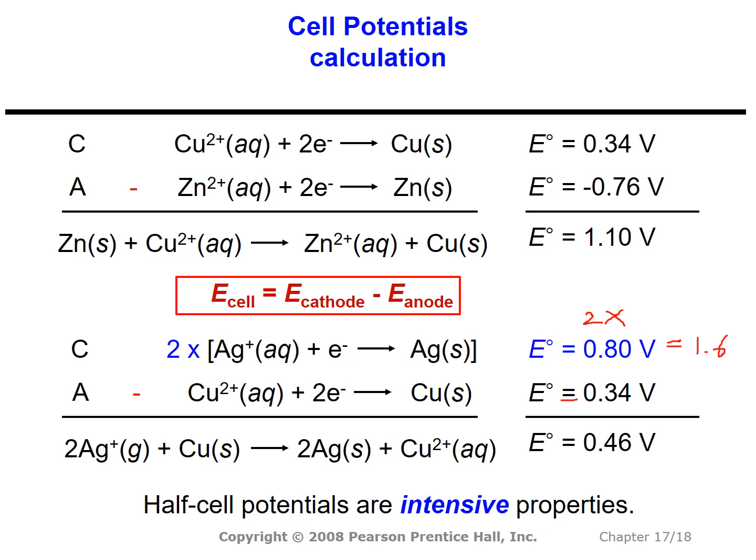So the answer, or the cell potential, is 1.26 volt. Is it right? Definitely wrong.